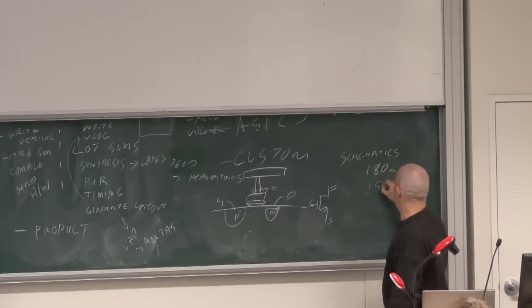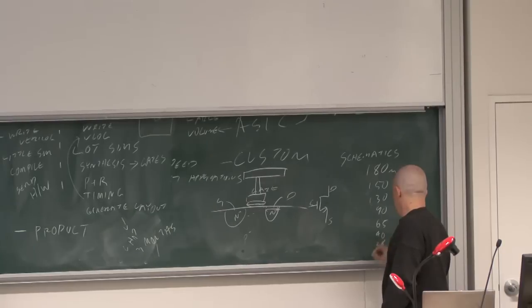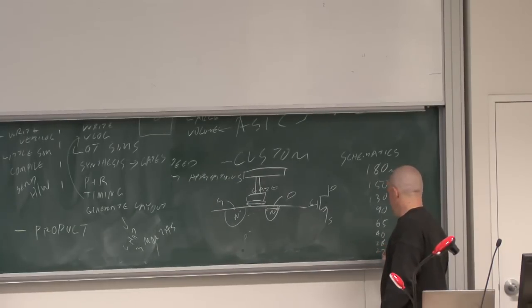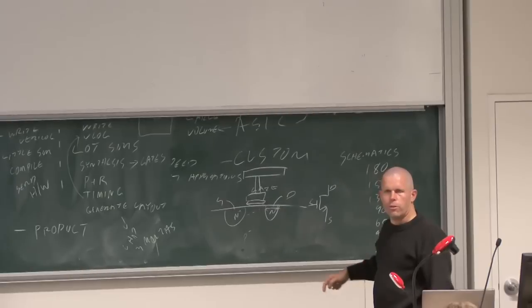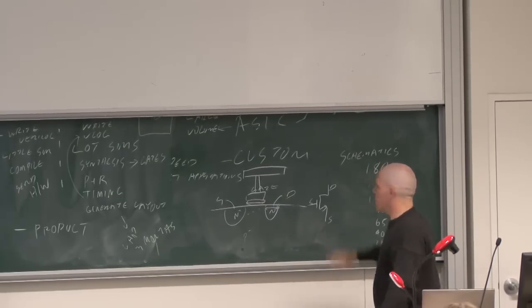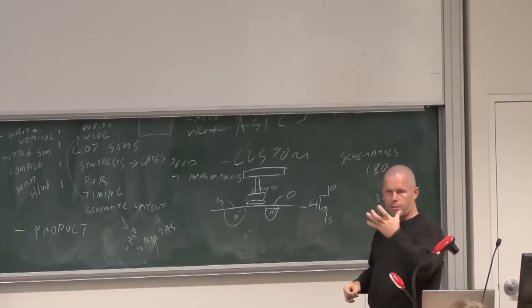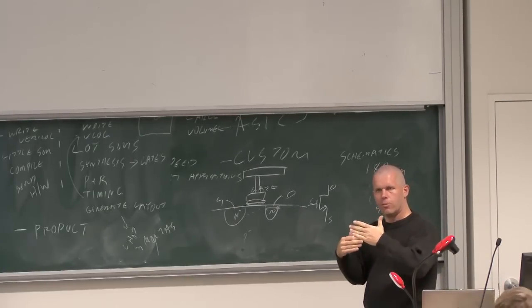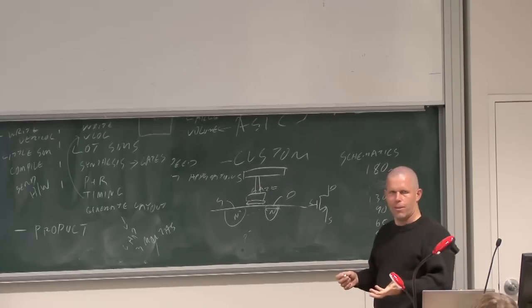You've got 150, 130, 90, 65, 40, 28, and 22 is coming. Roughly root 2 each step, if you skip 150 anyway. That means you've scaled the linear dimensions by root 2, so the area is halved. Hence, double as many transistors.